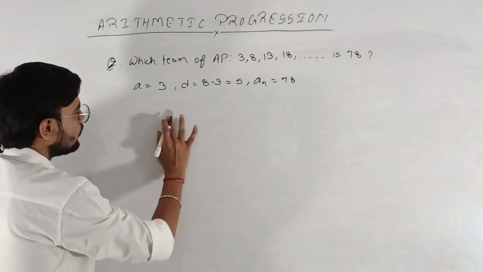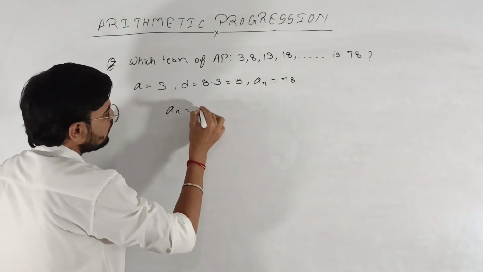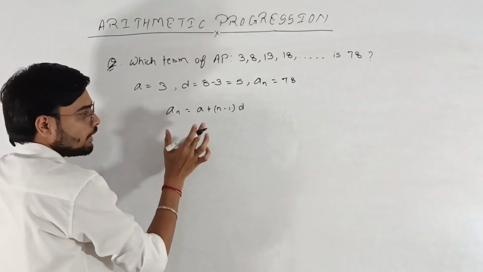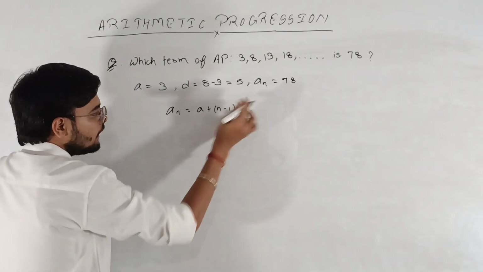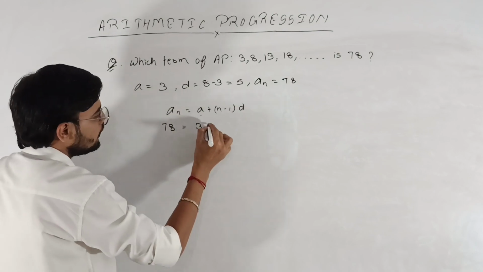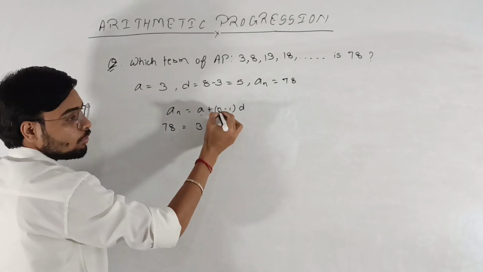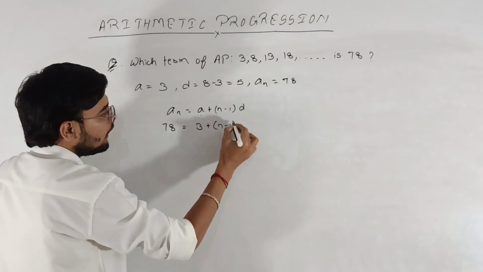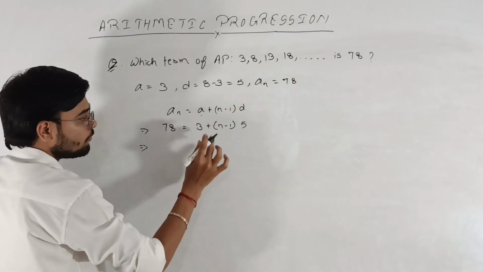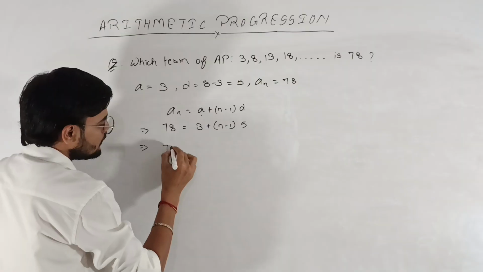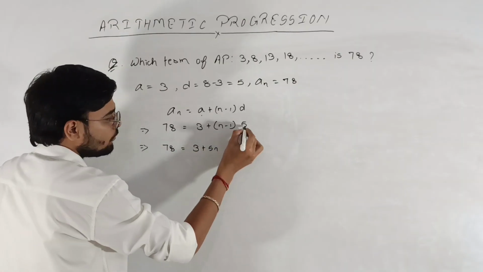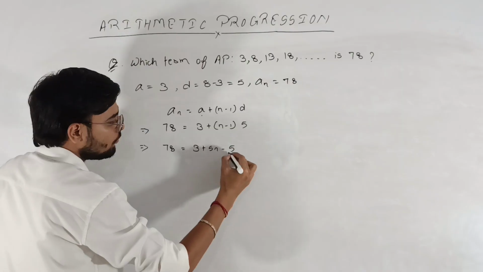Now, what is the formula? an = a + (n minus 1) into d. In this formula we have an, that is 78, we have a, that is 3, and we have d also, which is 5, but we don't have n. Now calculate this, then from here we get n. So 78 = 3 + 5 into (n minus 1), that is 5n minus 5.